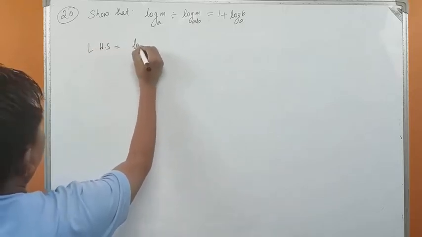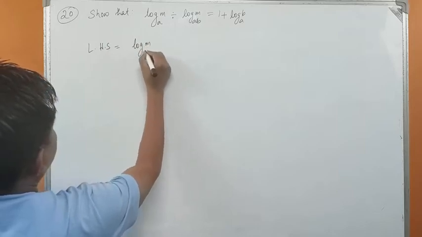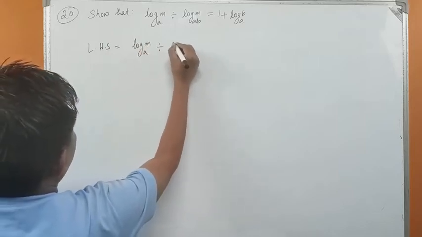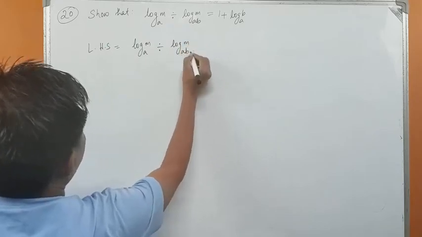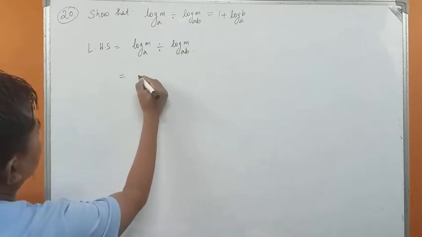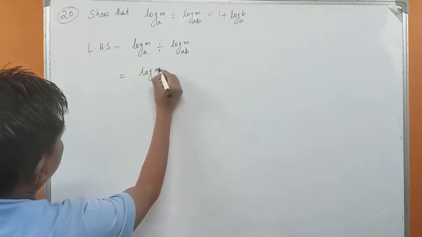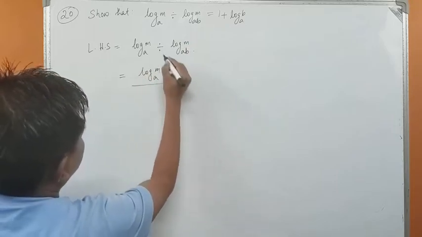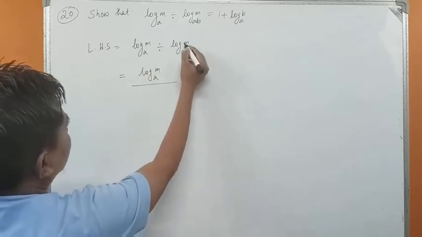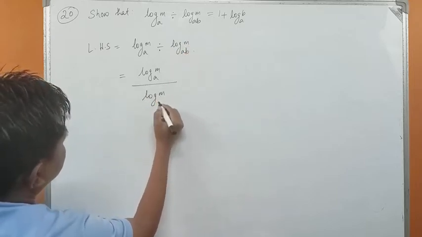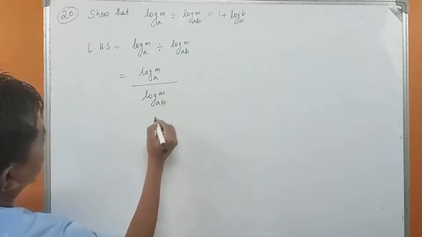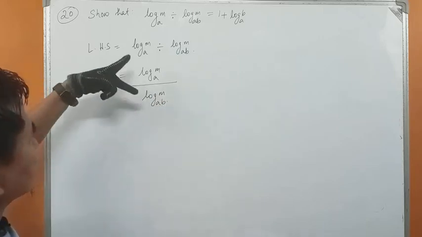LHS is log m to the base a divided by log m to the base ab. Okay, now log m to the base a whole upon, divide means whole upon, isn't it? Log m to the base ab. Now what we do is we just interchange.